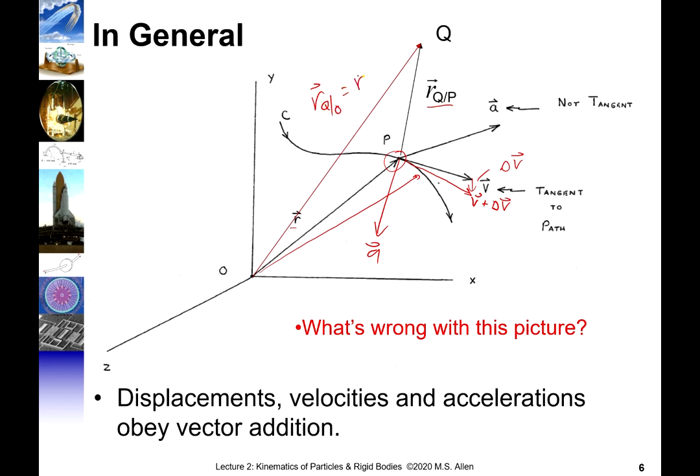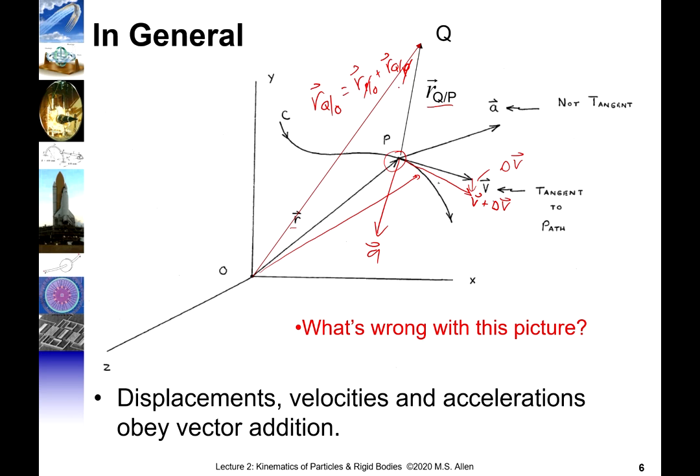And that's just the summation of r_P as seen from 0 plus r_Q as seen from P. And basically when you do this kind of thing, you just imagine the P's canceling, and so you can check that this worked out.